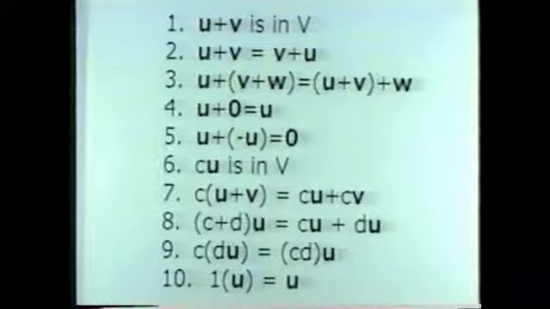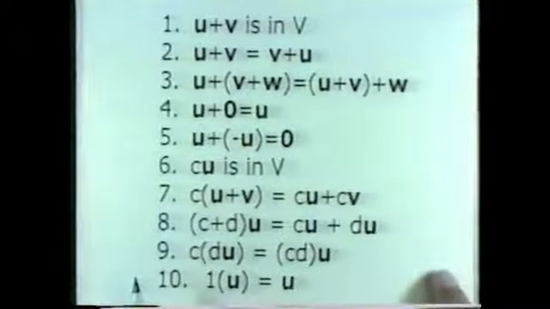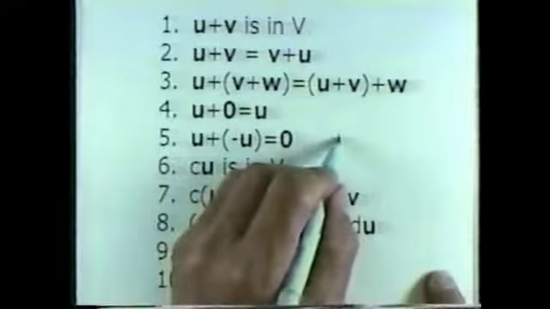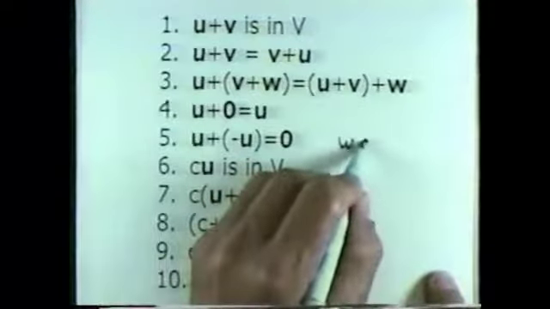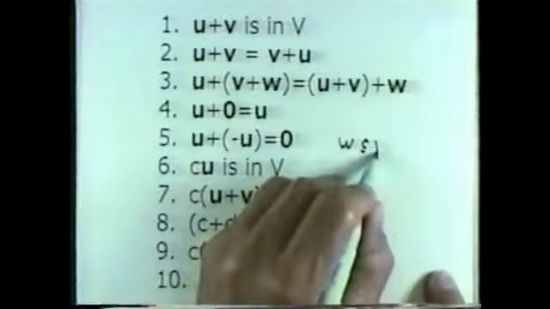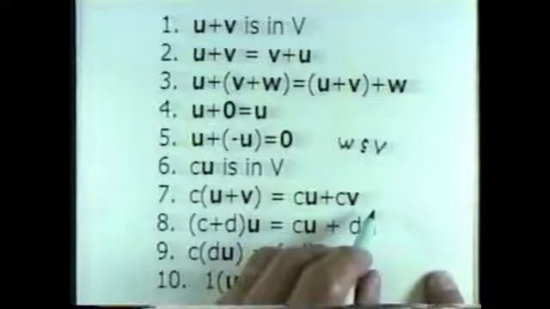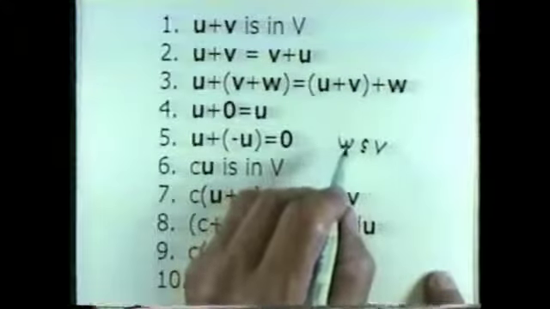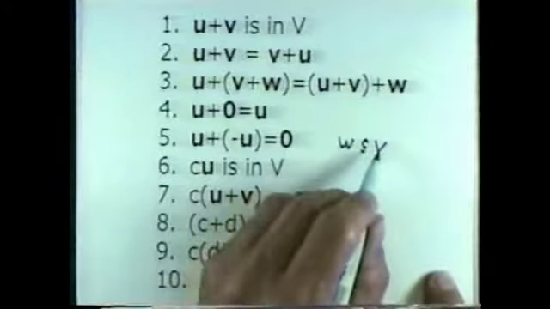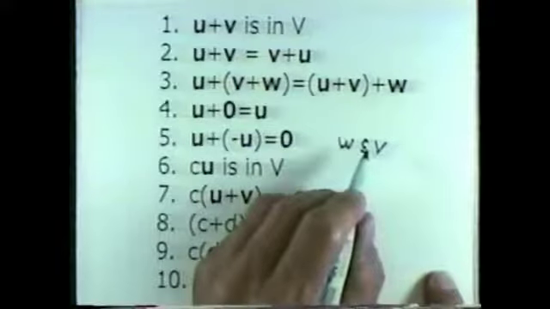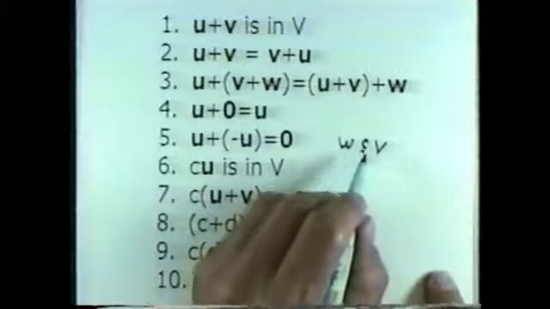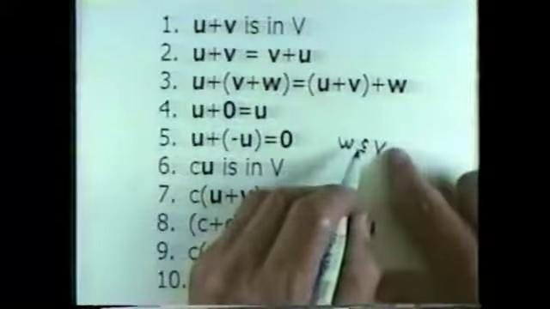Now let's think about it for a few minutes. If W is a subset of V, then all the vectors in W are in V, so most of the properties are already true.